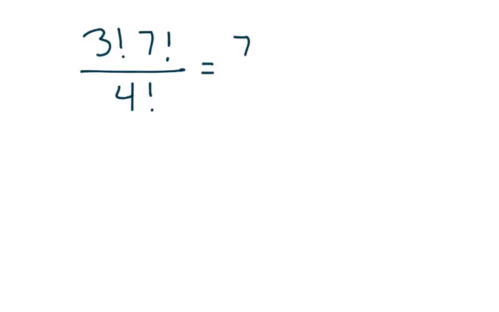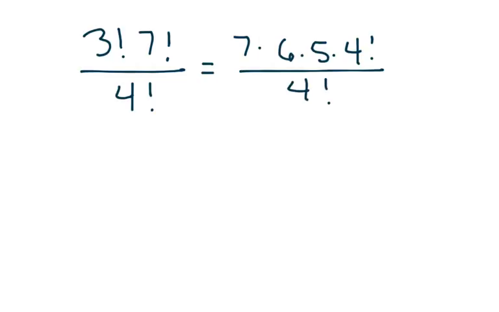All right. Let's do another one. We have 3 factorial times 7 factorial over 4 factorial. So basically, for the 7 and the 4, I'm going to go all the way down and do 7 times 6 times 5 times 4 factorial over 4 factorial.